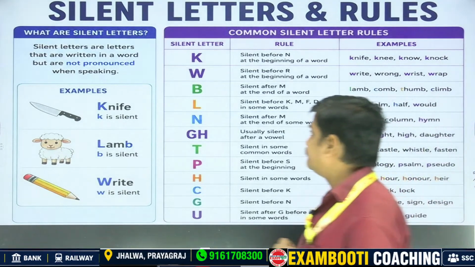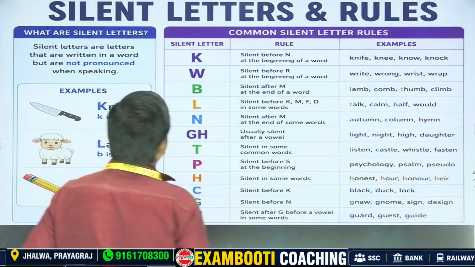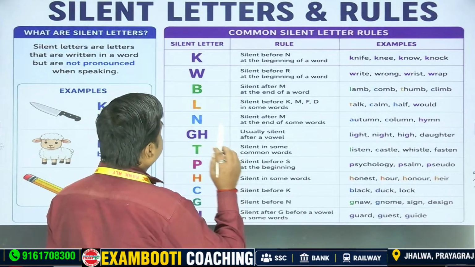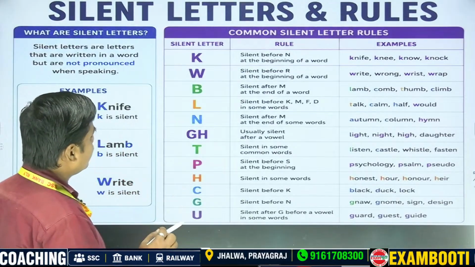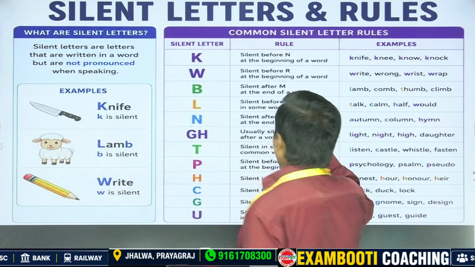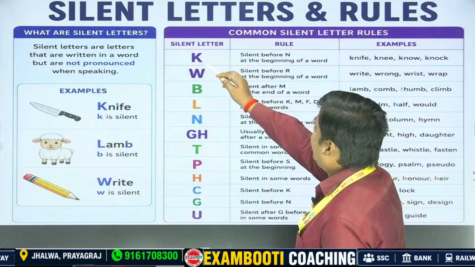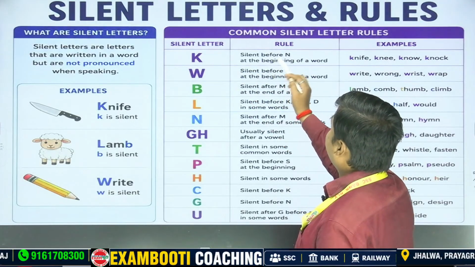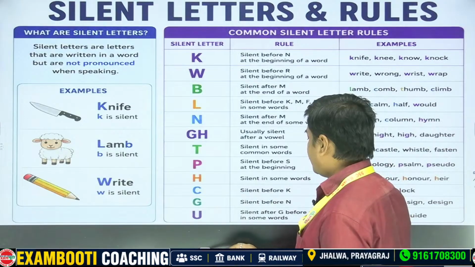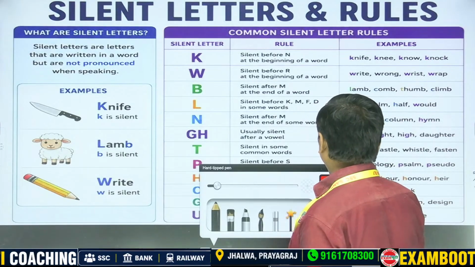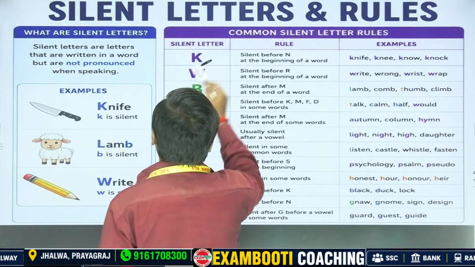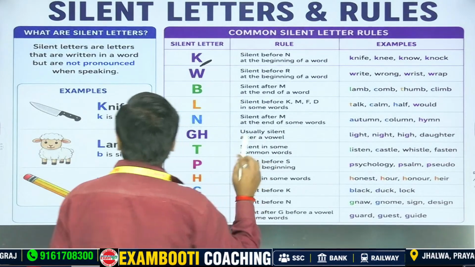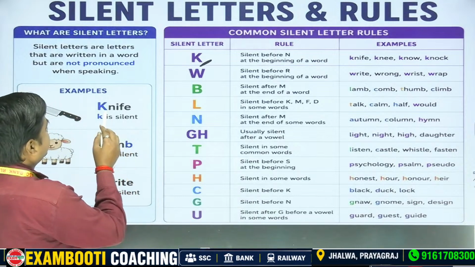The first rule suggests that whenever you find K before N, always remember that K is silent, like in knife.